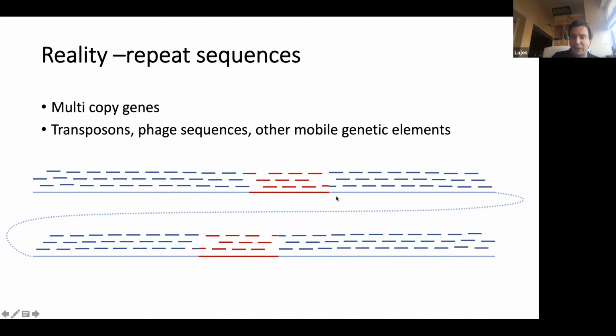But because you don't have this kind of bridge, when the assembler extends this part and goes into this gene or region, it won't know where to go out. It doesn't know how to continue from this point. Should it continue here or here?